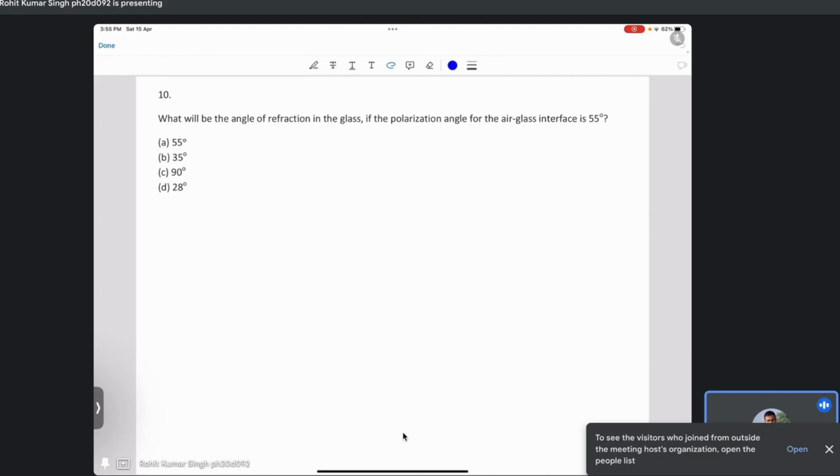So you have an air glass interface and angle of refraction is asked, and the polarization angle is given as 55 degree, correct?